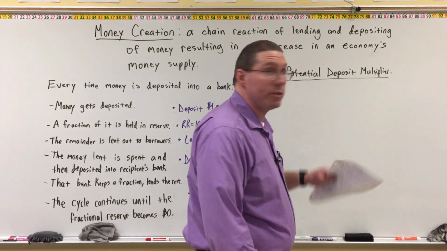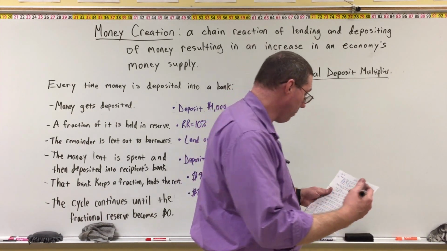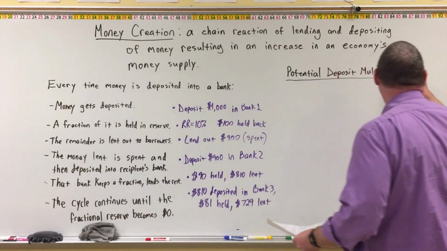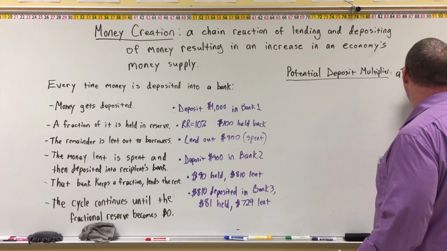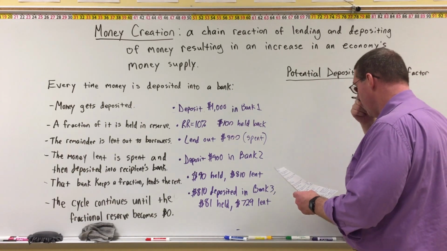So what is this potential deposit multiplier? Well, I'm going to give you a definition. It is a mathematical factor. We're just going to say a factor. You know, a factor is a number that's multiplied by another number.